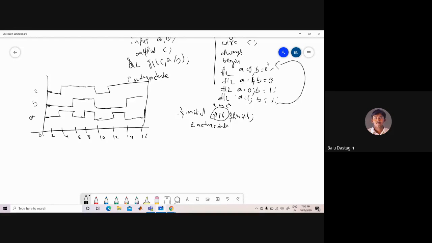Whatever logic is present, that entire logic will only be defined in the main module, that is, in the circuit under design or circuit under test. This is how to write test benches for any program.